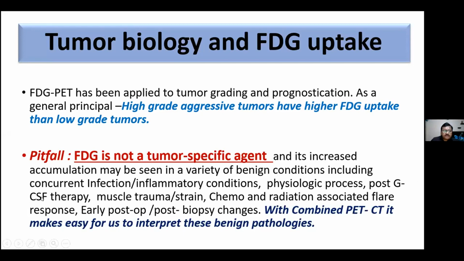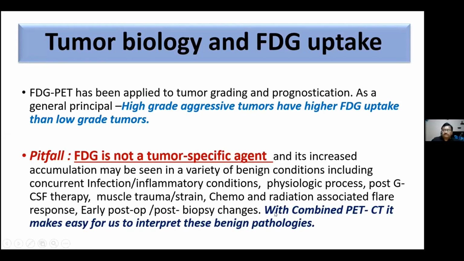Post GCSF therapy, a patient of lymphoma or myeloma who has had granulocyte CSF therapy can demonstrate increased uptake. Muscle trauma, muscle strain, chemo and radiation associated flare response, and early post-op or post-biopsy changes also. So there is a plethora of conditions which can cause an increased FDG uptake.